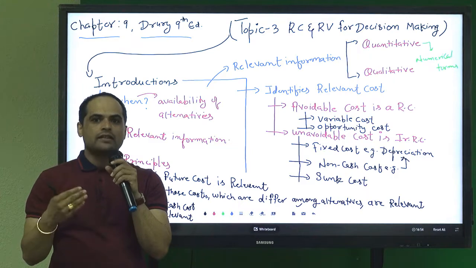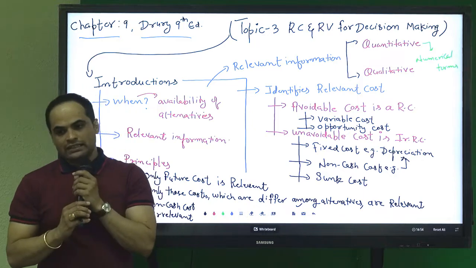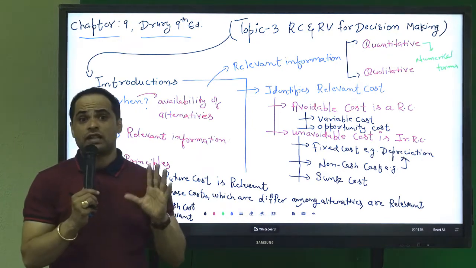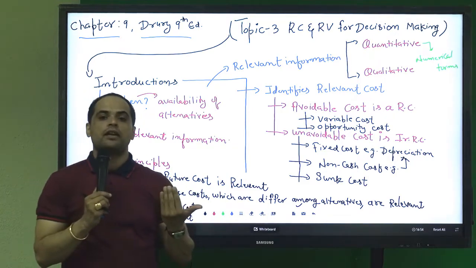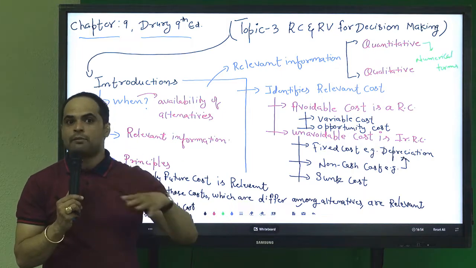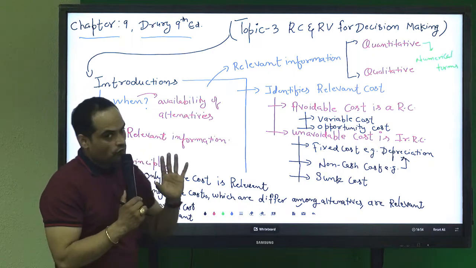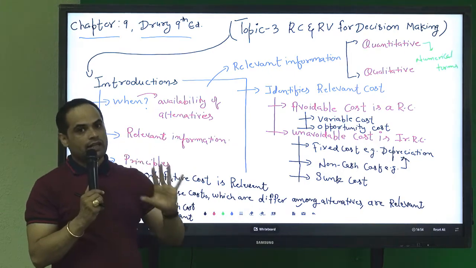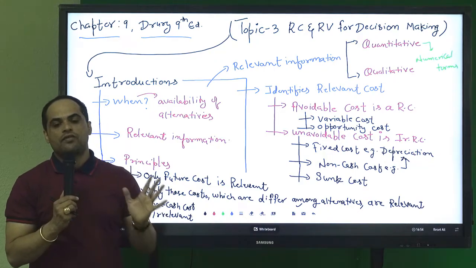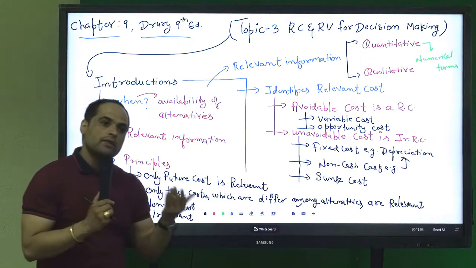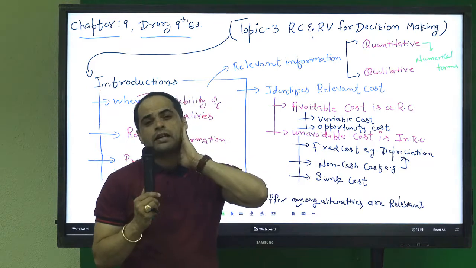Besides that numerical information, we need some other kinds of information that may not be described in terms of numbers, but that information is really important for organizations at the time of decision making. So any kind of information which is not available in form of number, that's called qualitative information, information that is available in non-numerical terms.